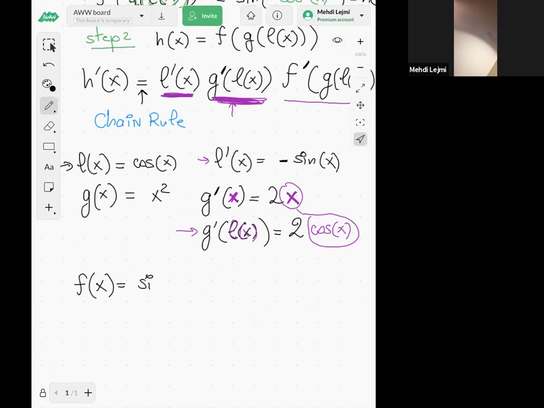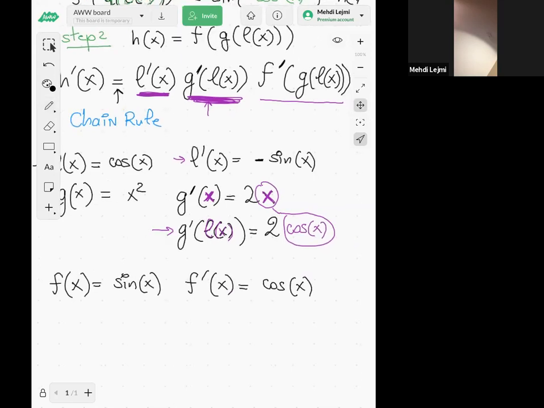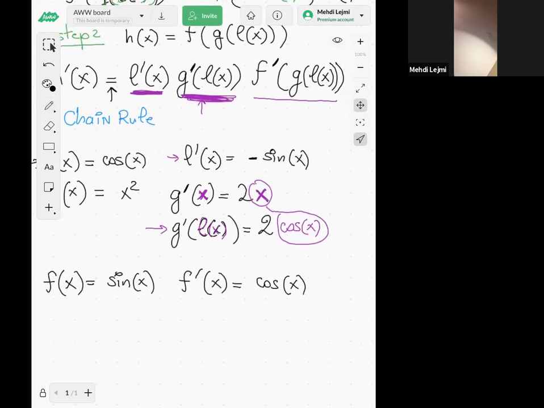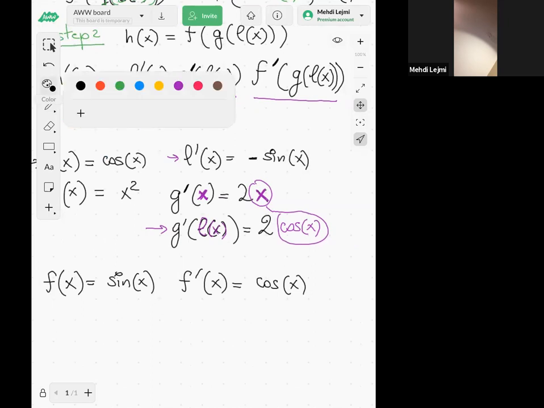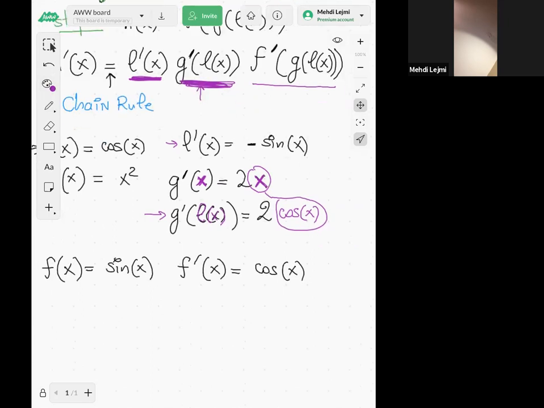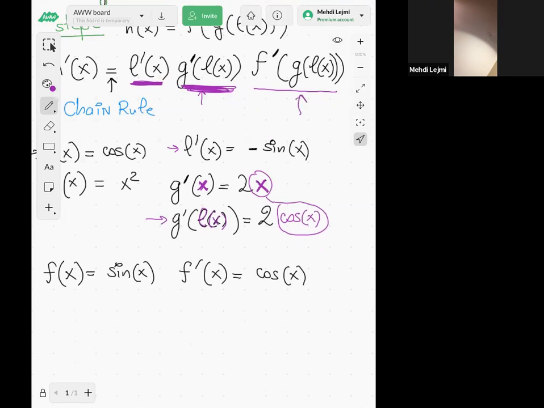And so f prime of x is just the derivative of sine of x, which is cosine of x. Now, we need not just f prime of x, but f prime of g of L of x. So we need to substitute x by g of L of x.